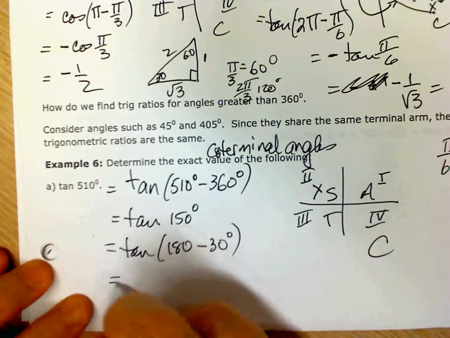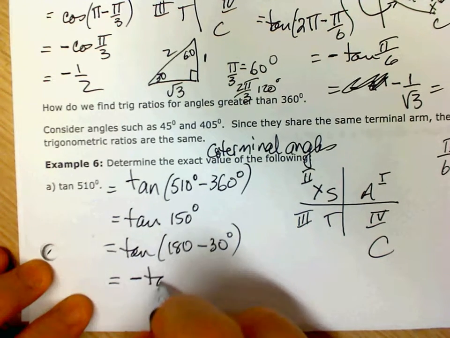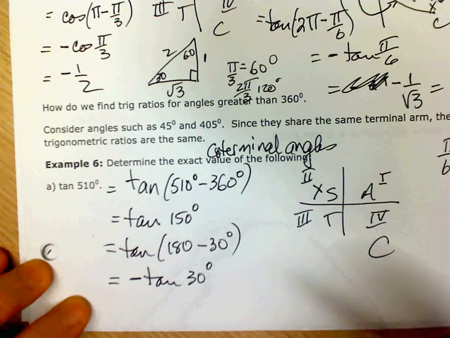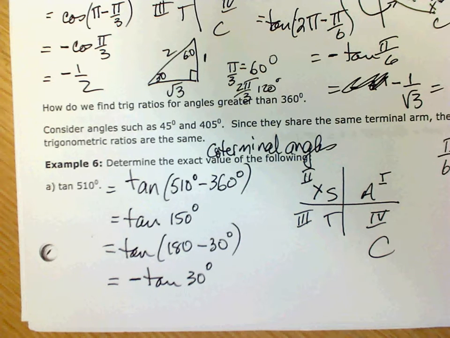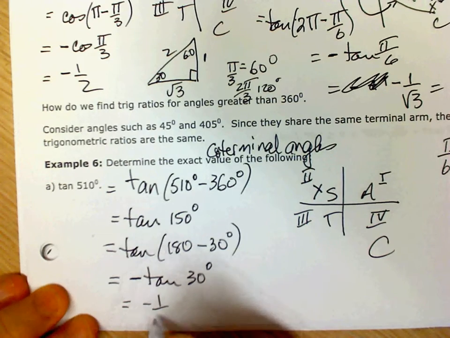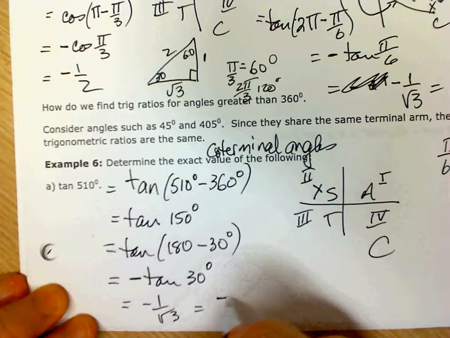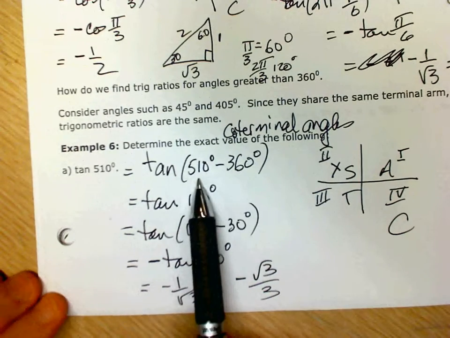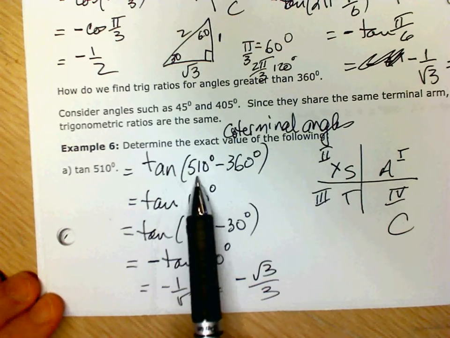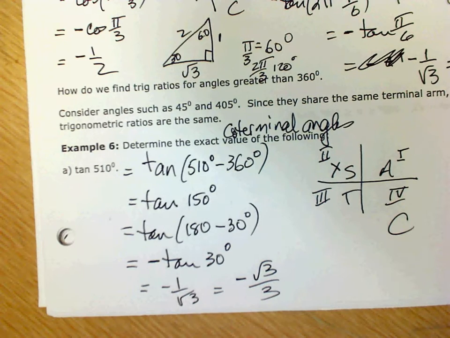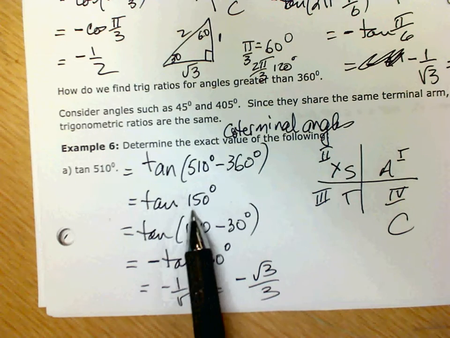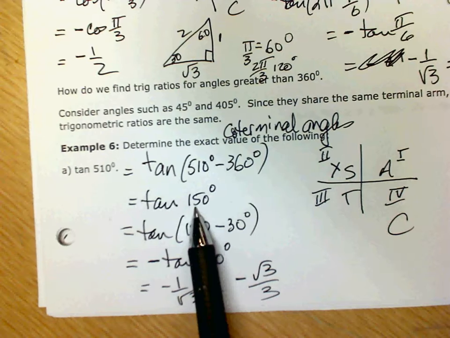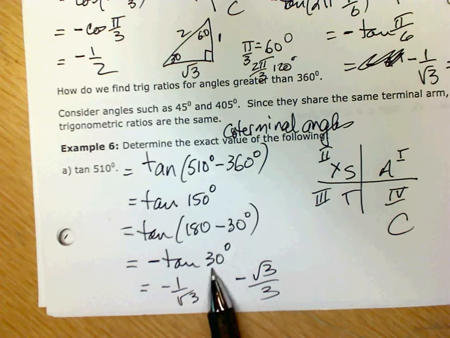What's tan of 30? So if it's an angle larger than 360, then just subtract 360, get the next lowest one to work with, find your related acute angle, and we'll end it there. I know that was a lot.